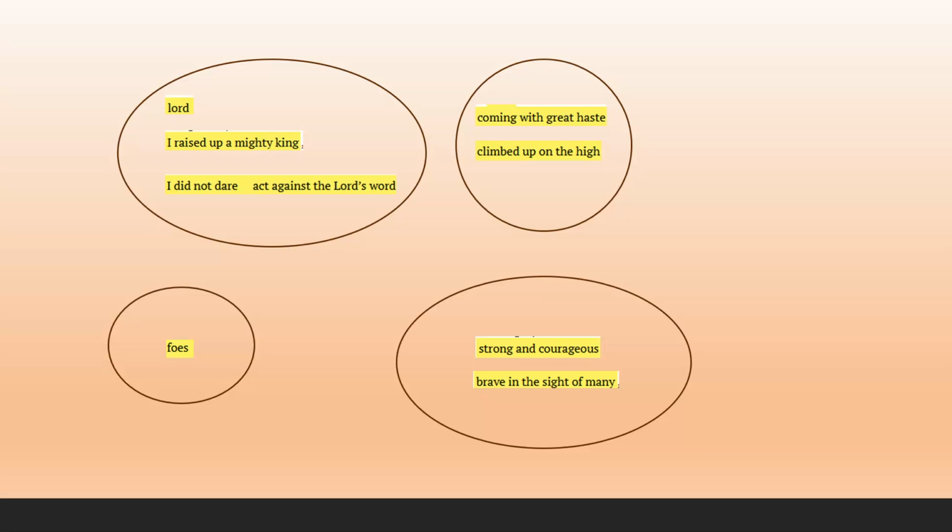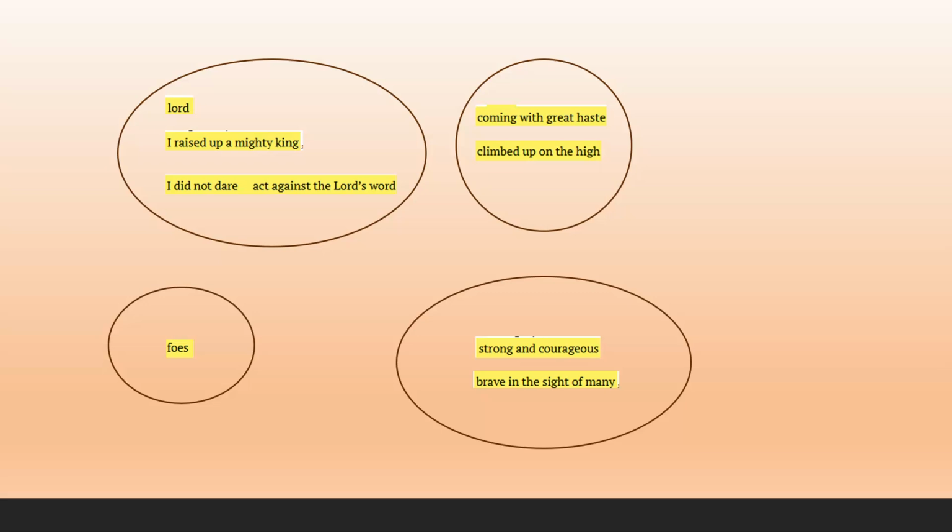So, coming with great haste and climbed up on the high rood. I should have included the rood there. Those are actions, so I put them into a group of actions. Strong and courageous, brave in the sight of many. These are the kinds of adjectives that we expect to hear describing a hero.